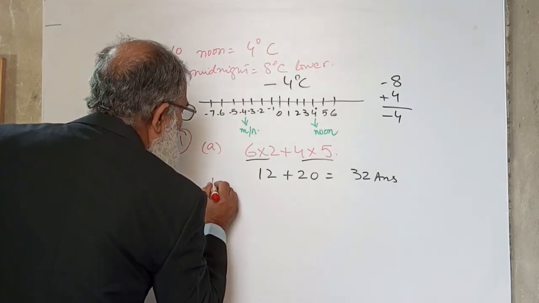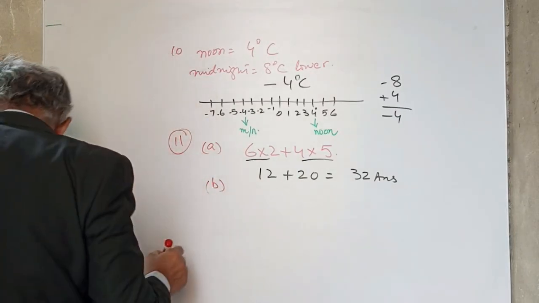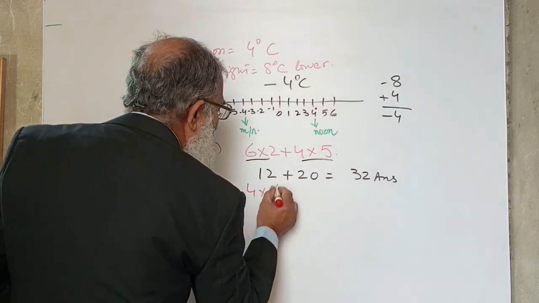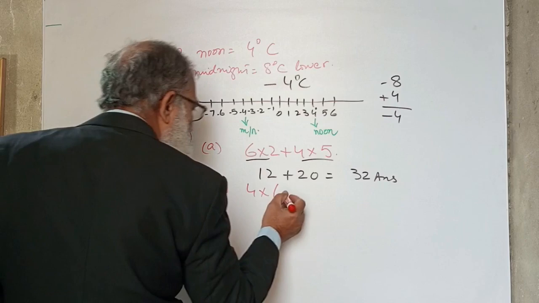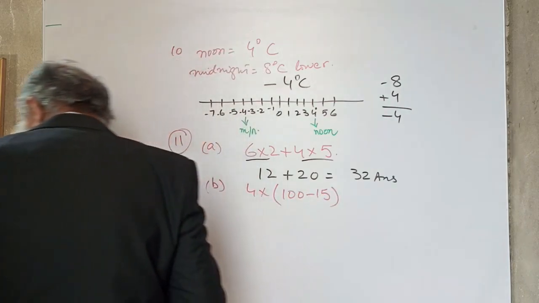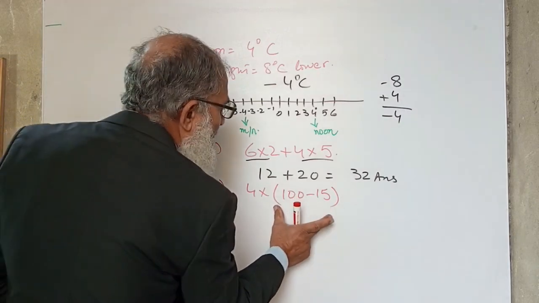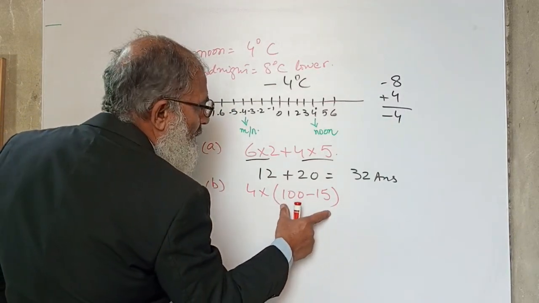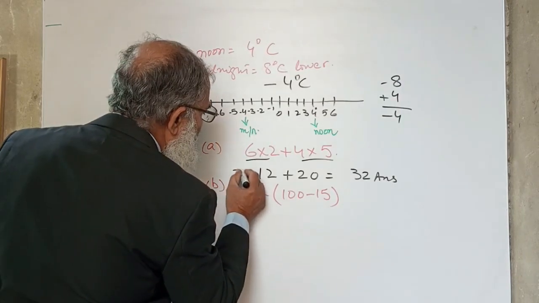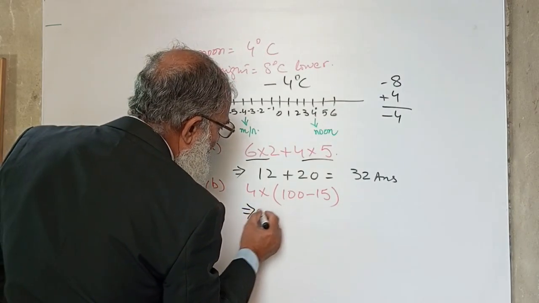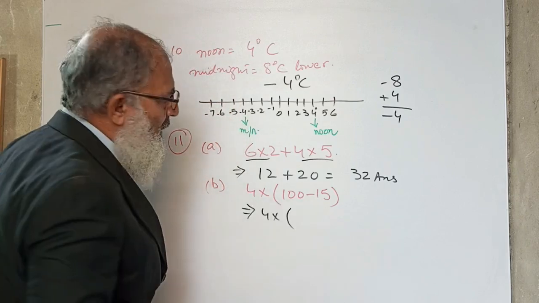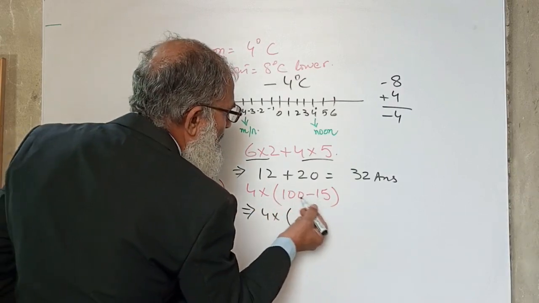Now part B. Question number 11, part B is 4 multiplied by the bracket 100 minus 15. Very simple again. We have to solve the bracket first. And that is 4 multiplied by, now what will it become?